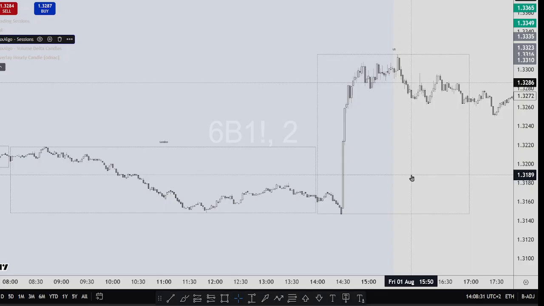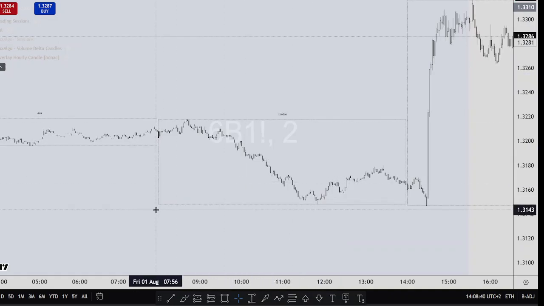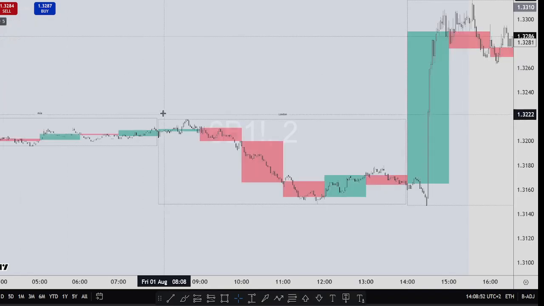So I was searching for some kind of indicator to help me outline the hourly charts, because if we look at this, we have here 8 o'clock, here 9 o'clock, so this is 1 hour. We have later 10 o'clock, etc. And I found something. Now, we can remove the other sessions.